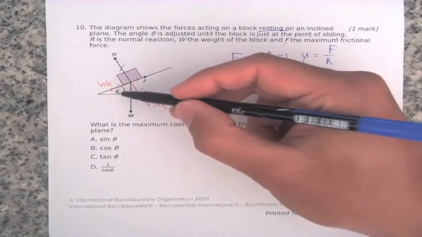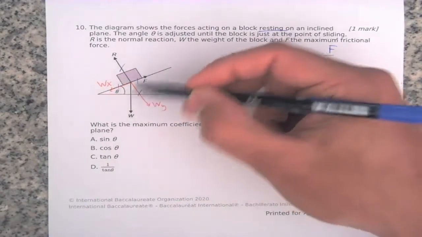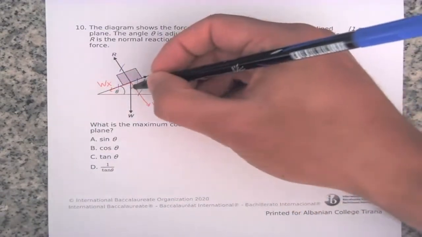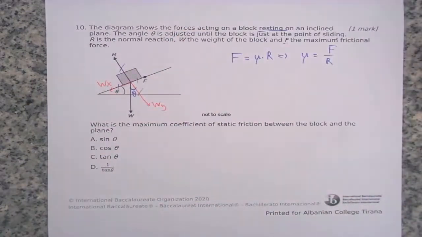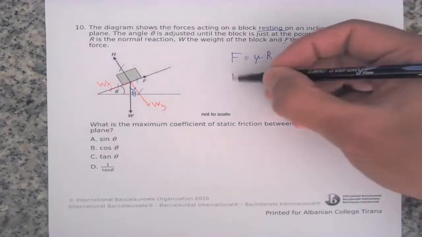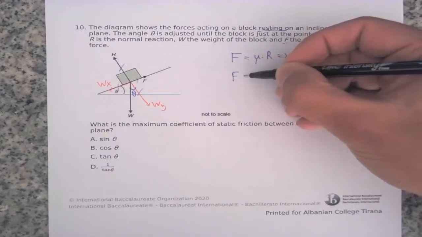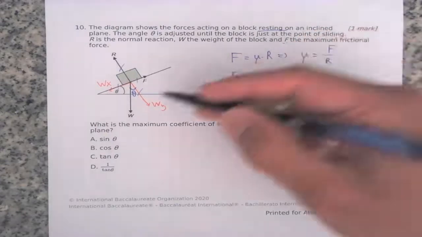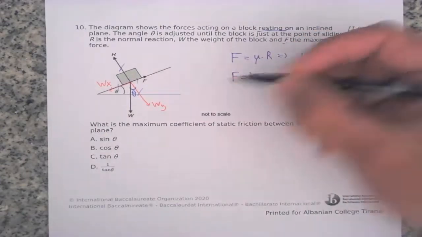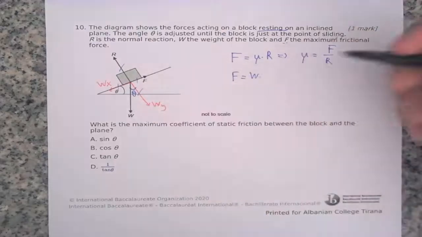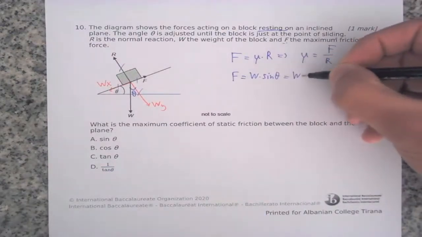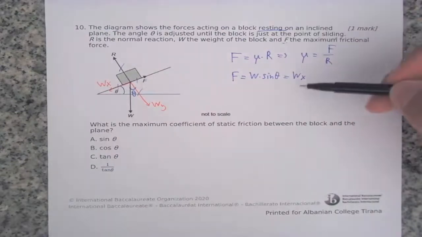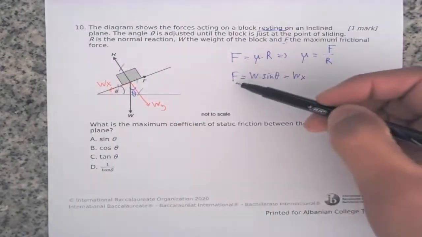Also, you can see that the angle theta, using geometry here, is here. So here is your angle theta. So first of all, the frictional force, F. What is it? It is W times the sine of theta. And this is actually the component of the weight on the x-axis that is equal to the frictional force.